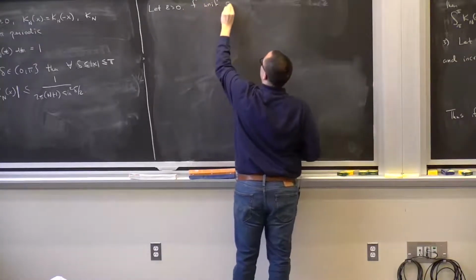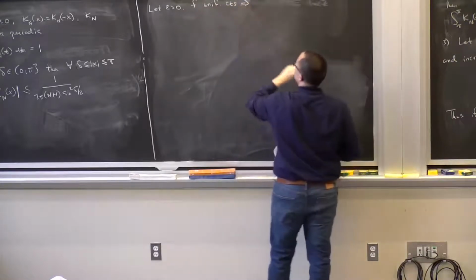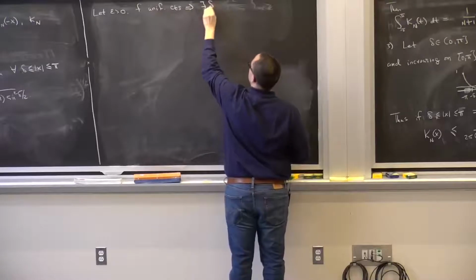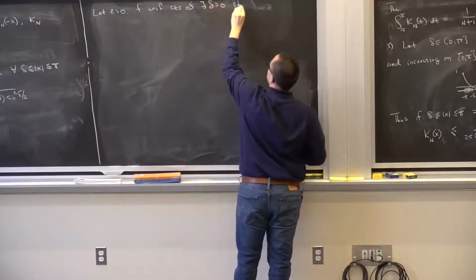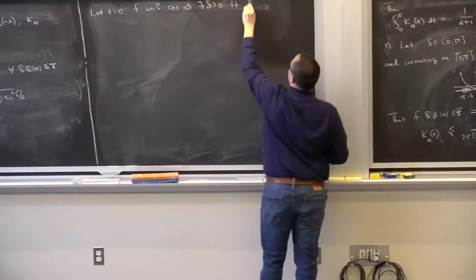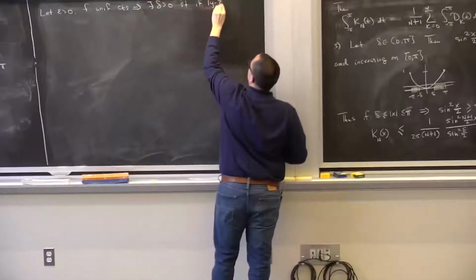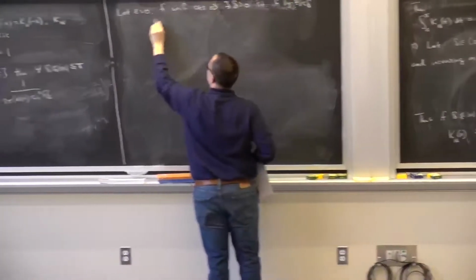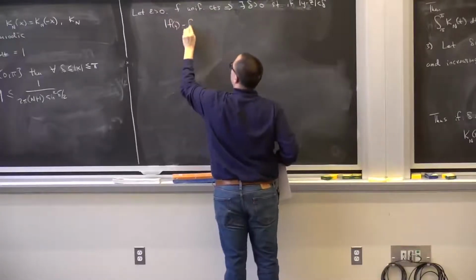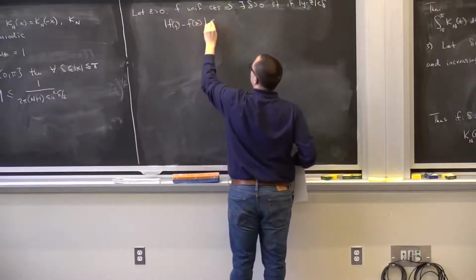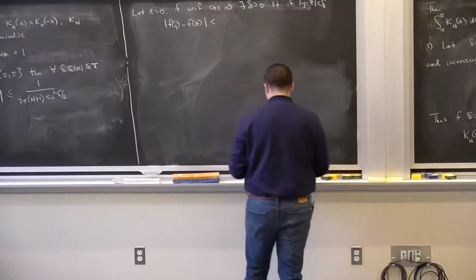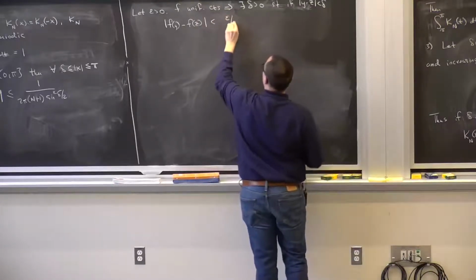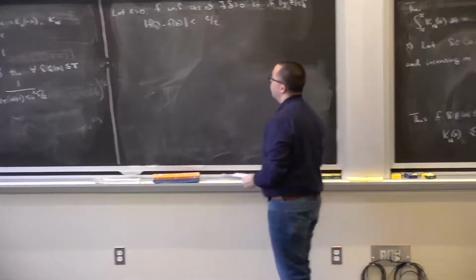Since f is uniformly continuous, as I stated when recalling the definition, that implies that there exists a delta positive such that if |y minus z| is less than delta, then |f of y minus f of z| is less than epsilon over 2.